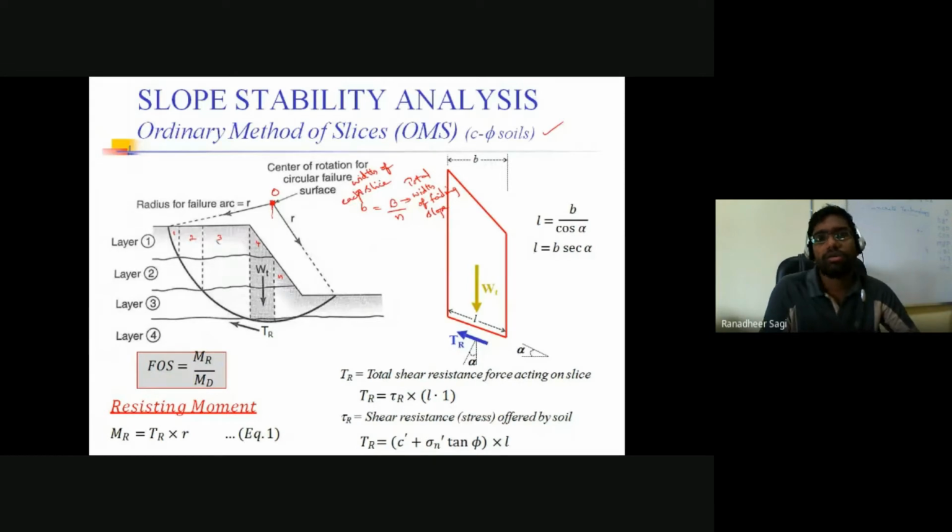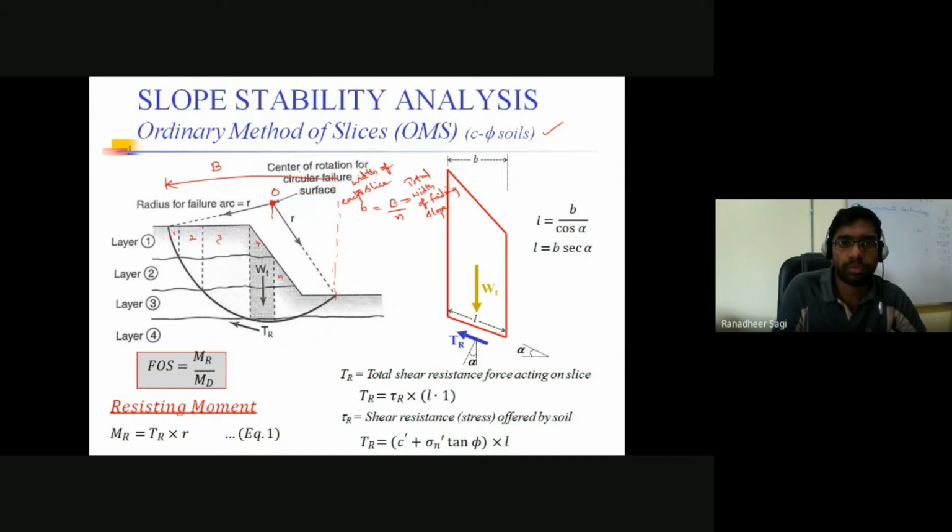In case the width of each slice is not the same, then we cannot write b equal to capital B by n. So my capital B value is this much that I am referring to. This distance is my capital B.